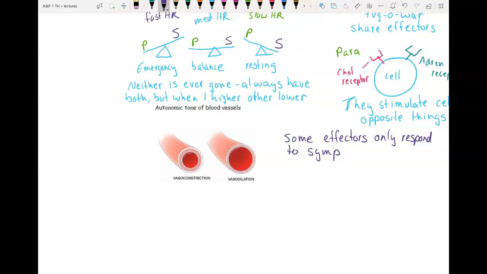So there's no parasympathetic to counteract it. For most blood vessels, when sympathetic is up, they will constrict. So increased sympathetic will make them constrict. This is most blood vessels. And decreased sympathetic will make them dilate.